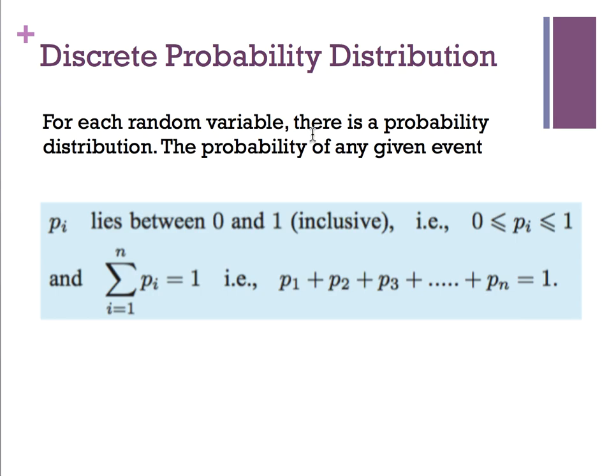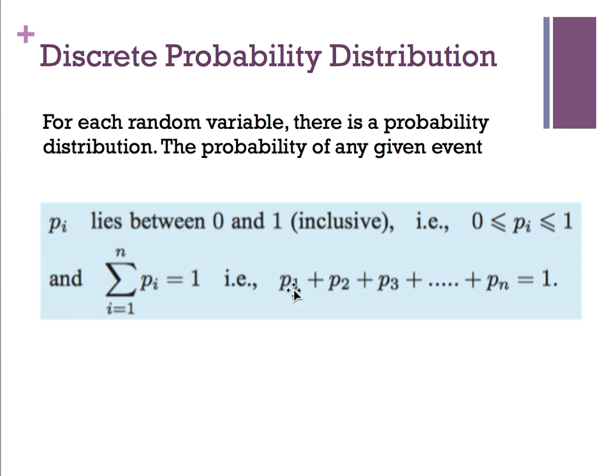For each random variable, there is a probability distribution. The probability of any given event, P sub I, lies between 0 and 1 inclusive. This is a very important concept of probability. Probability should only be between 0 and 1 inclusive. And this one is telling us that the summation of P sub I, the summation of the probabilities, is equal to 1.